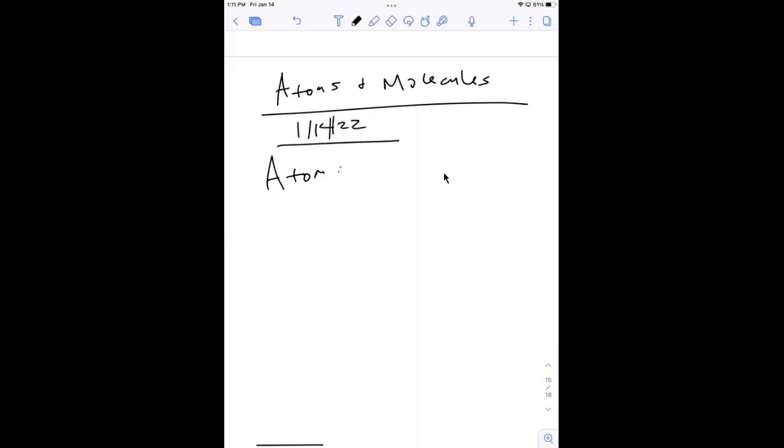Yeah, so atom, that's the smallest part of an element. So all elements are made up of atoms. Once you have an element, you can't necessarily break the element down so that it becomes something else.